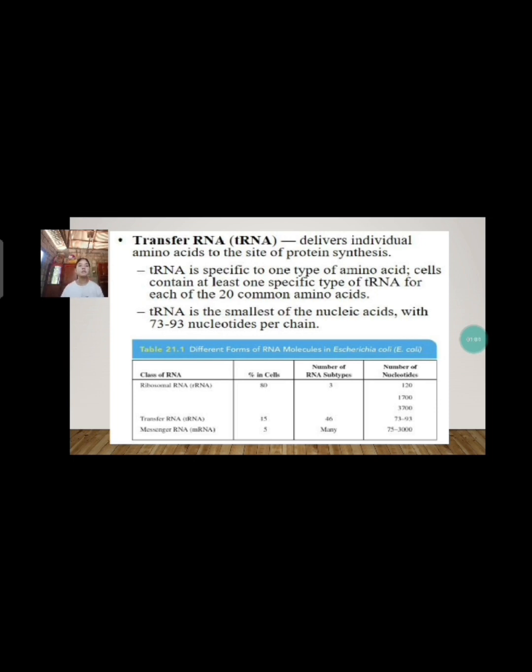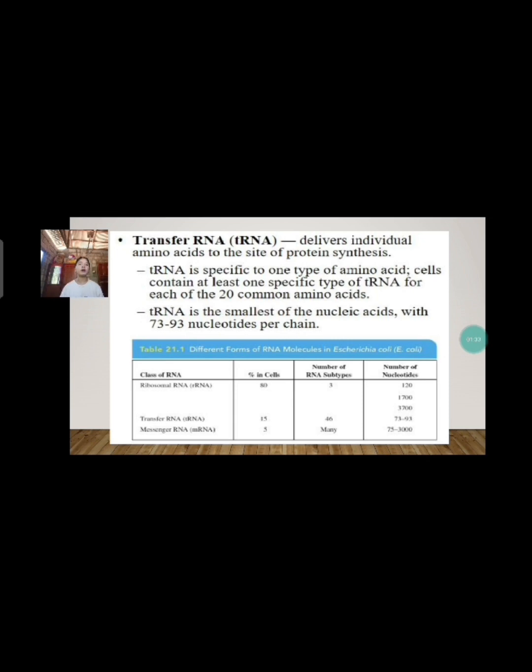For the ribosomal RNA, we have 80%. Number of RNA subtypes, we have 3. Number of nucleotides, we have 120, 1,700 and 3,700.